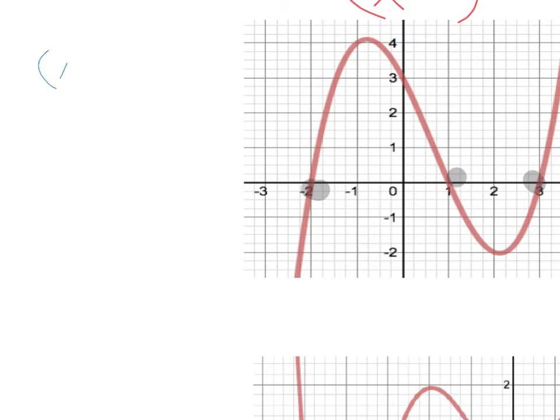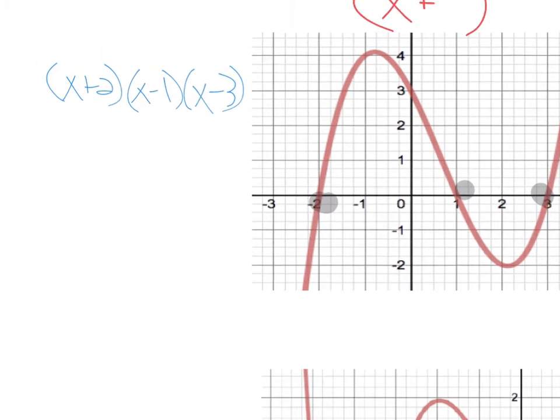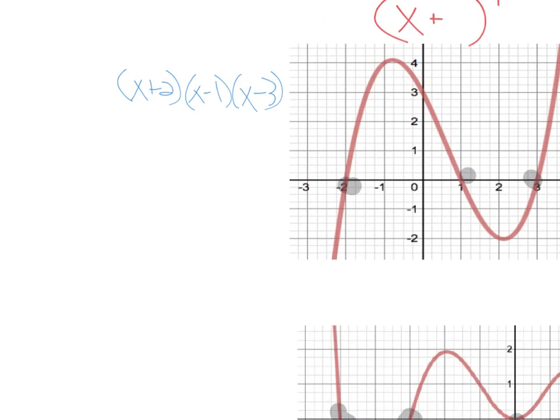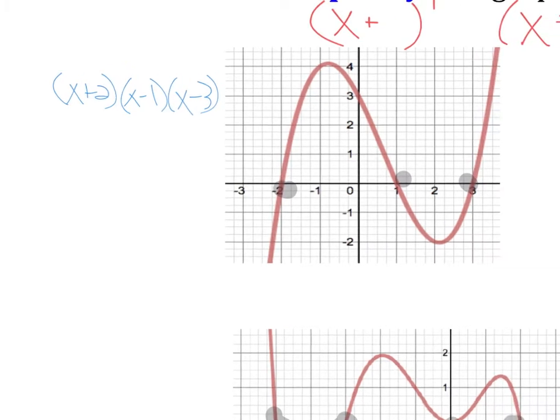That means there's a factor of x plus 2. Right here, I've got an x-intercept at +1, so I'd have a factor of x minus 1. I'd have a factor of x minus 3. This is an example of what that polynomial might look like. Maybe there's a coefficient out front. Maybe there's not. But I do know, since the right arrow is pointing upward, that the coefficient would have to be positive.